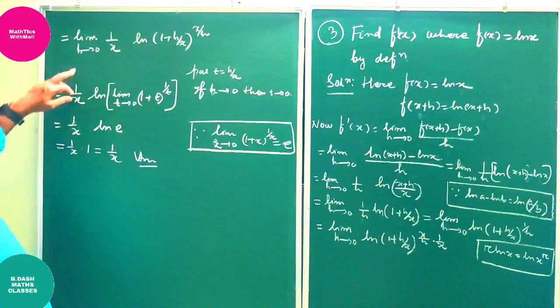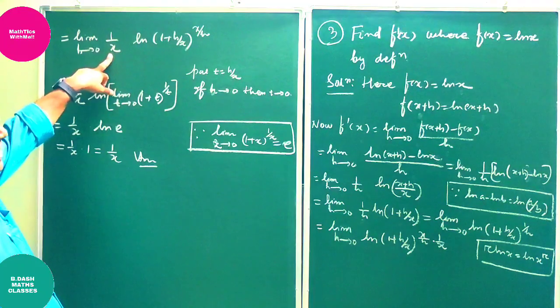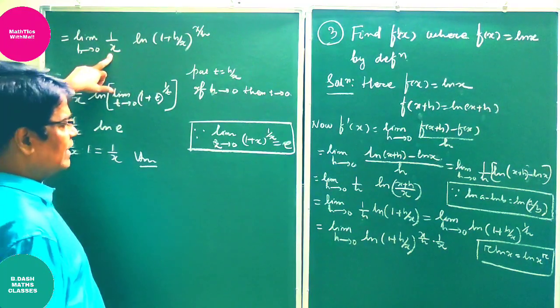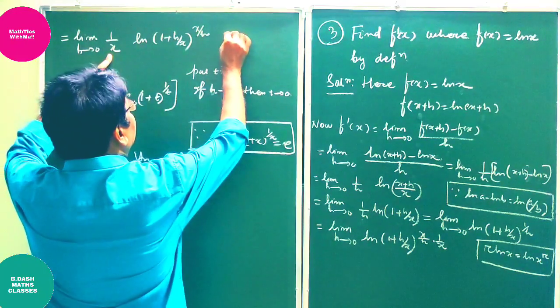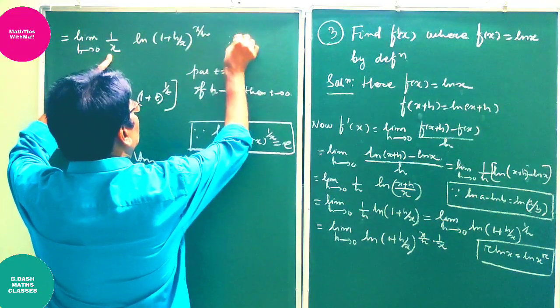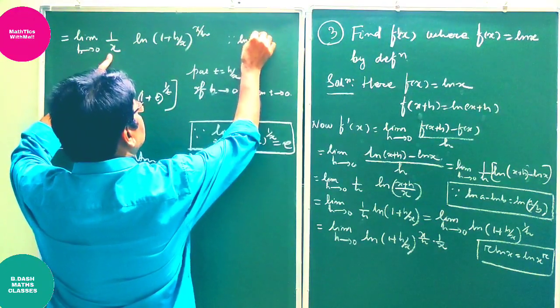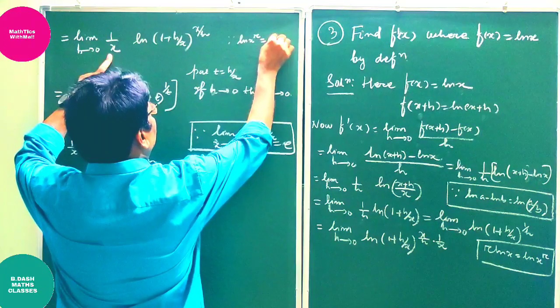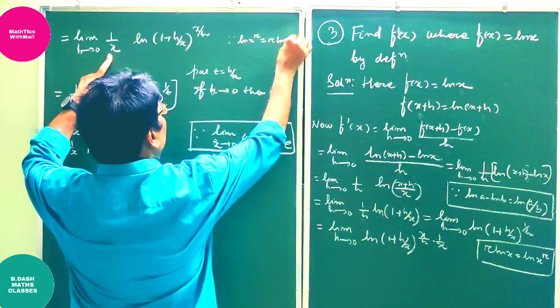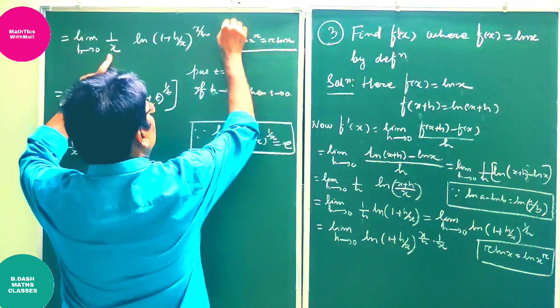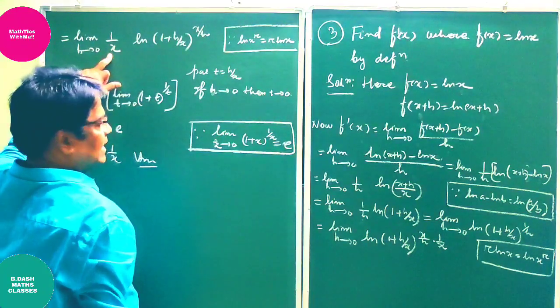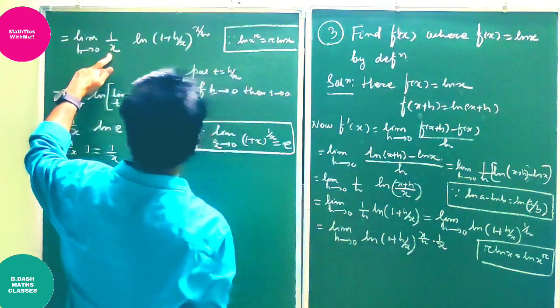Now this is 1 by x ln of (1 plus h by x) to the power x by h, because ln x to the power r is equal to r ln x. So in place of r, here it is 1 by x.